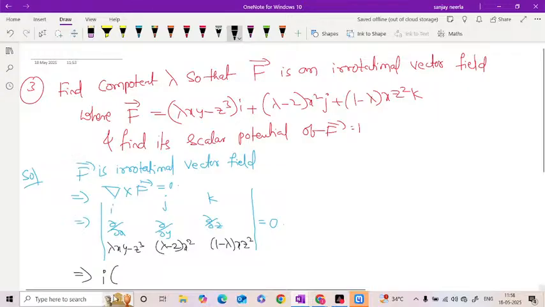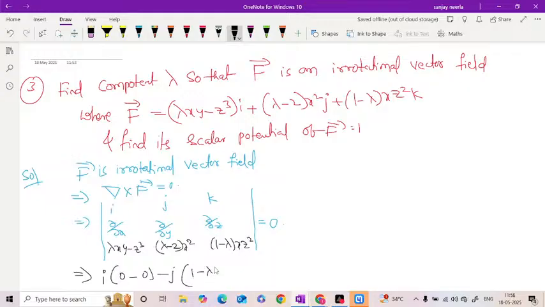So lambda is 4, very good. Now after differentiating with respect to y it is 0 minus, and after differentiating with respect to z it is also 0 minus j into, after differentiating with respect to x, 1 minus lambda into z square minus, after differentiating with respect to z, minus 3 z square, plus k. After differentiating with respect to x, it is lambda minus 2 into 2x, and after differentiating with respect to y, minus lambda x is equal to 0.